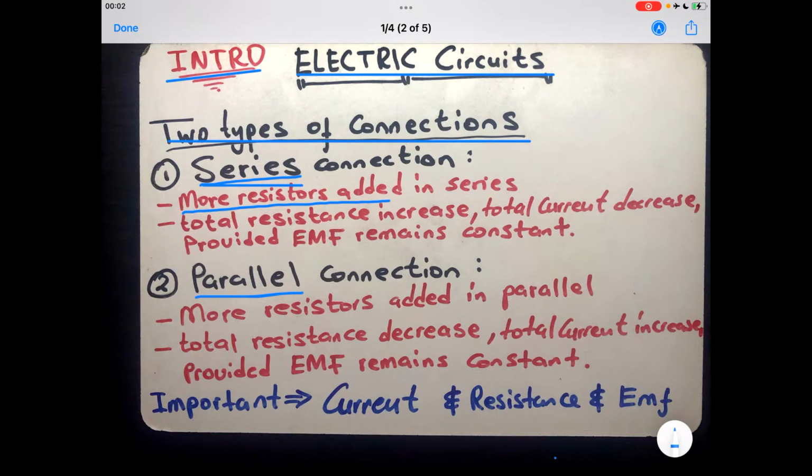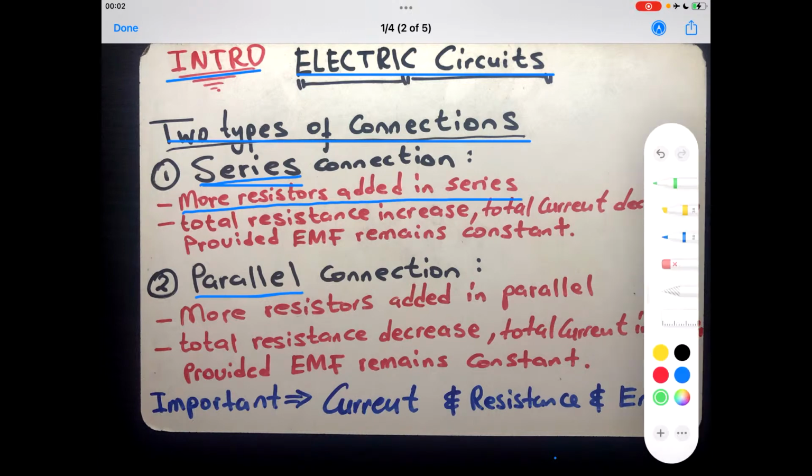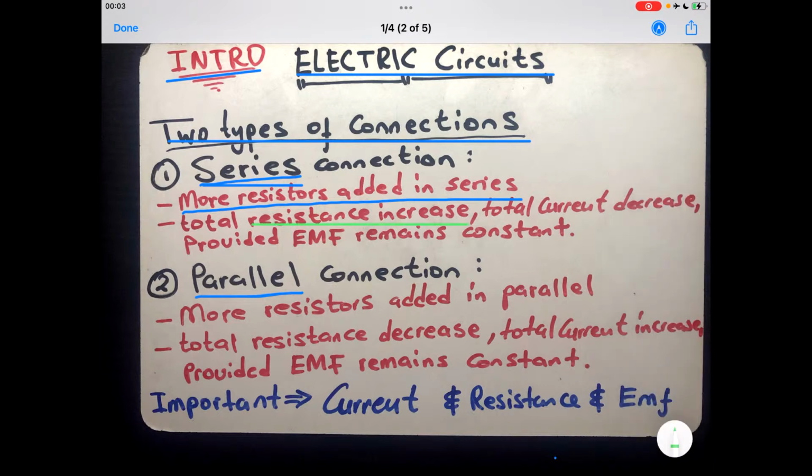Lastly, total resistance increases and total current decreases, provided the EMF remains constant. That's all under series connection.